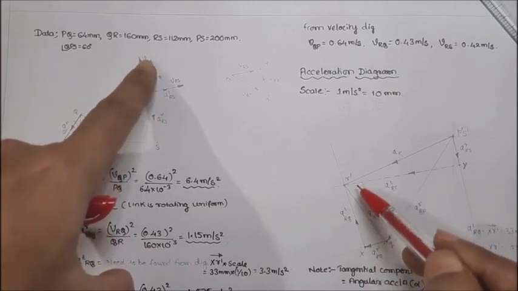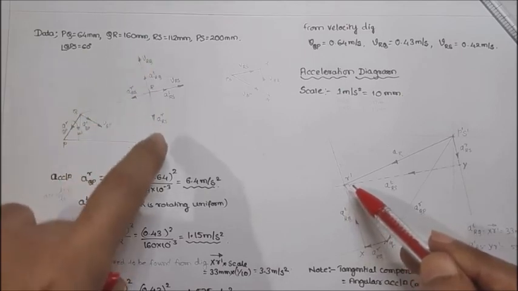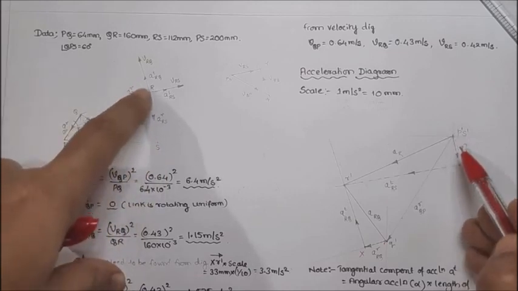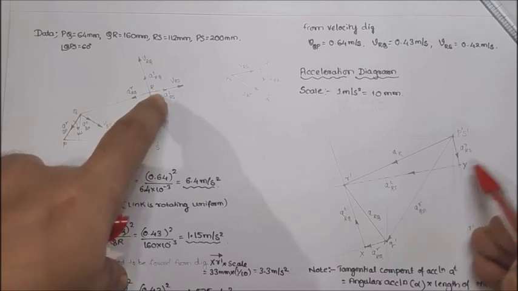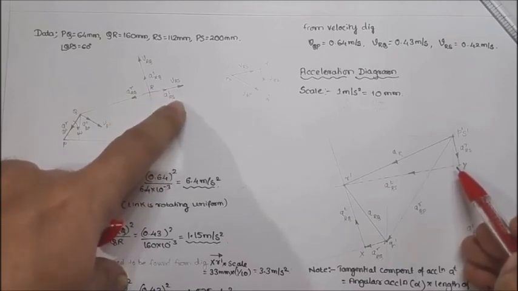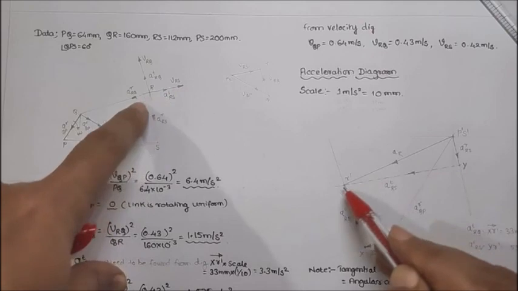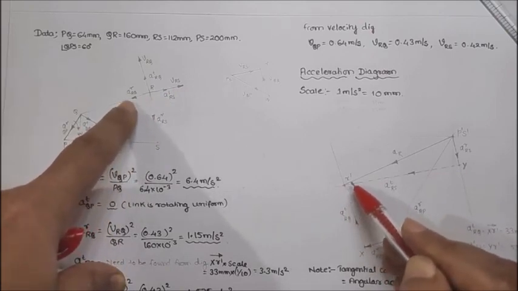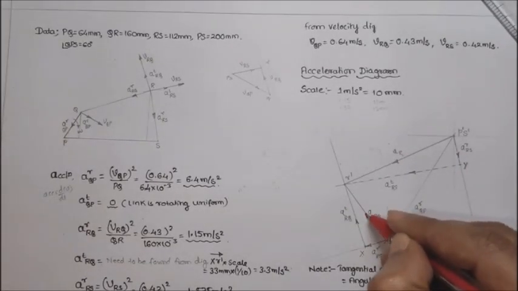Come to the next link, that is S: go to the S point, find the radial component, then go for its tangential component. The tangential component is on the other side, but it will not meet there and you will not get the correct tangential value. So you go in this direction, and it will meet at a point R, and then you draw the resultant.